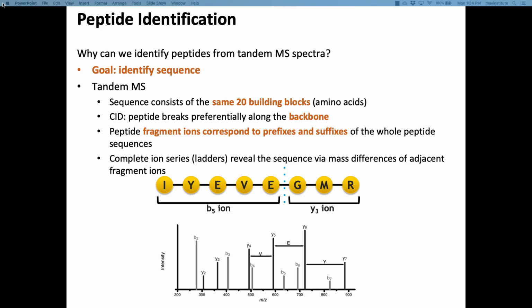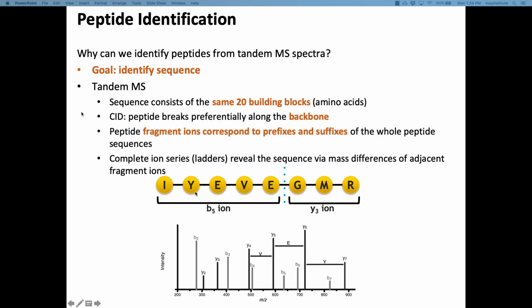The answer is, so far we have only discussed mass spectrometry, but there's also something called tandem mass spectrometry, where we take such a charged ion and let it collide with neutral gas, and then it breaks apart. I've shown you the composition of such a peptide.